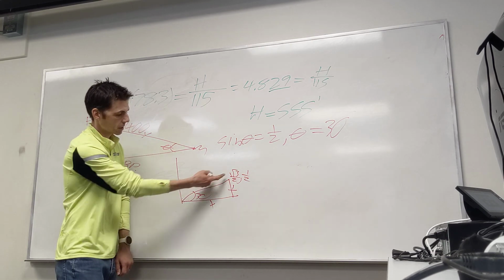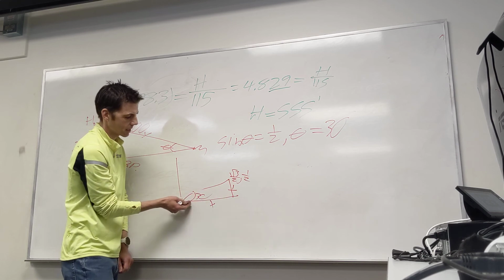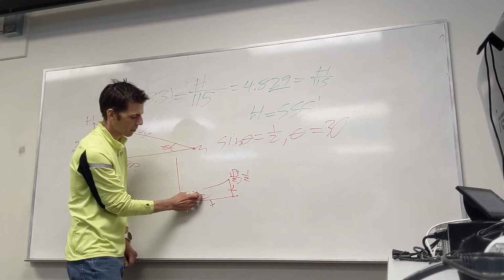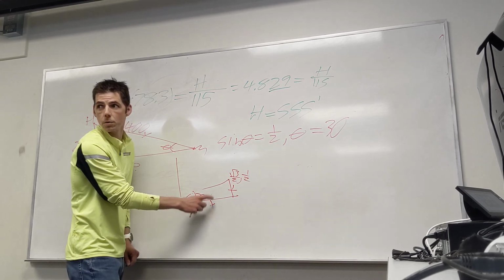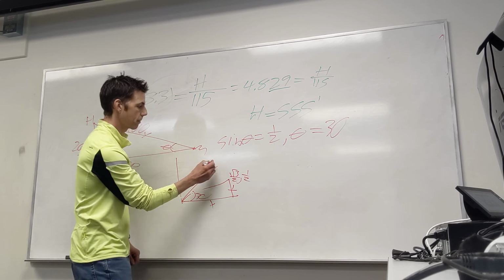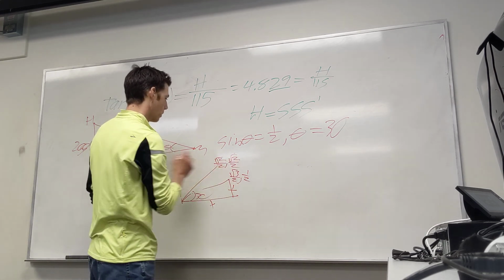So this is 1, and the cosine of 30 is √3 over 2 over 1. And then I've got the other one, which is 45, and that's √2 over 2 comma √2 over 2.